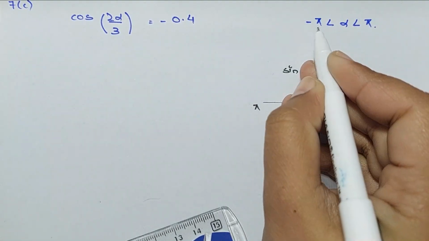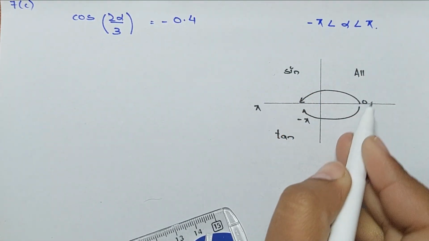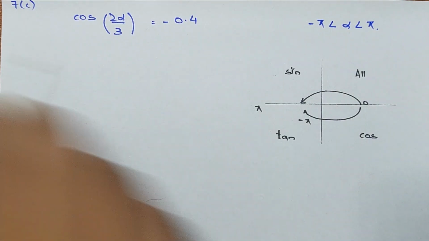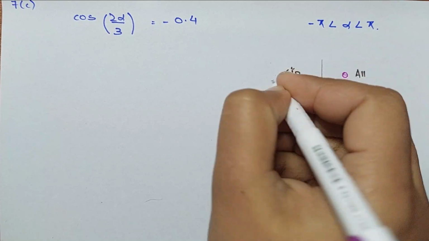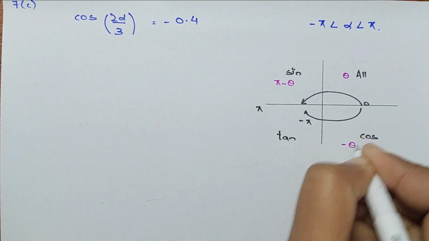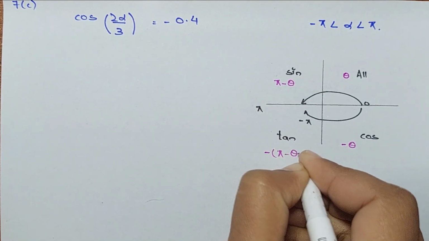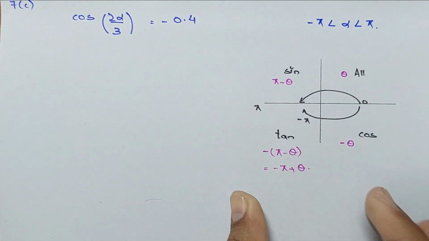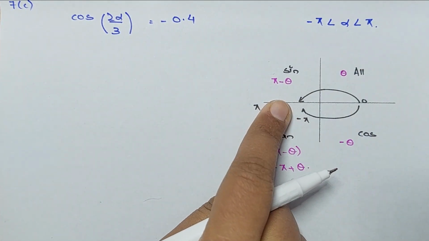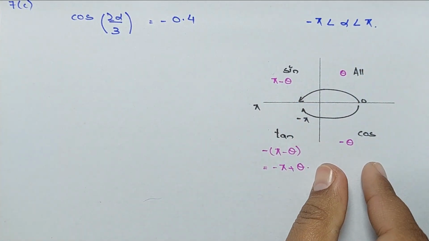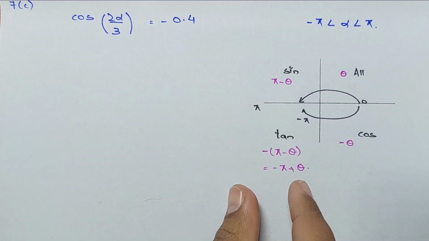So in the first quadrant we have the base angle, and here we do pi minus base angle, and here we do minus pi plus the base angle, and minus of pi minus base angle. This is an anti-clockwise direction, this is a clockwise direction. If this is theta, this is minus theta. If this is pi minus theta, this is minus pi plus theta, right?